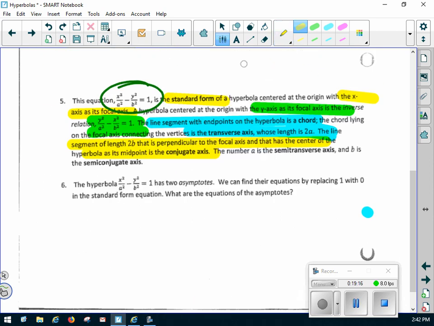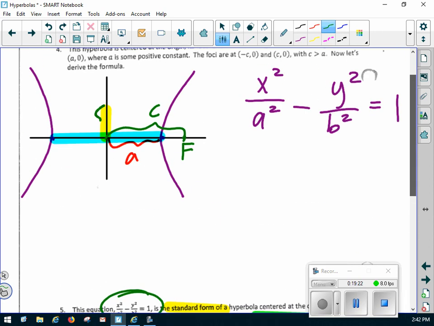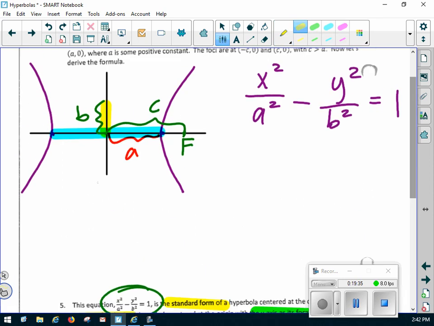There's so much to a hyperbola, it can make you a little crazy. This distance right here is called b. If you put the other b down here, that whole yellow piece is called the conjugate axis. Why conjugate? Don't have a clue.